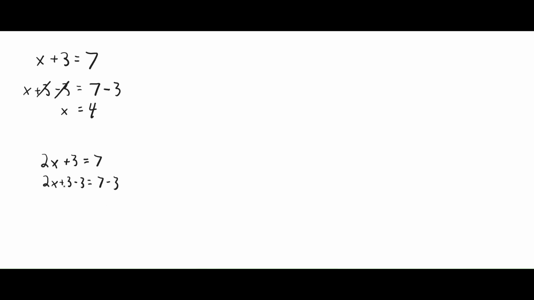Again, the plus 3 cancels with the minus 3. But this time we have 2x instead of just a single x. And the right side works out to 7 minus 3 equals 4. Now, how to deal with the 2 in front of the x?